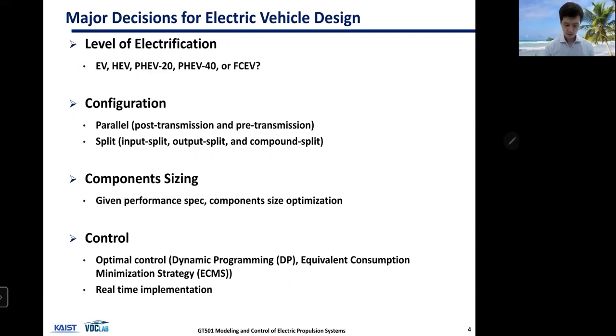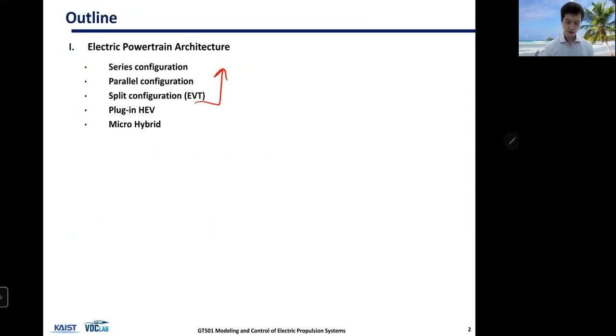And here, if you look at this outline, the first 3 are configuration or architecture: series configuration, parallel configuration, split configuration. Some people use terminology differently, and some people call it topology or architecture.